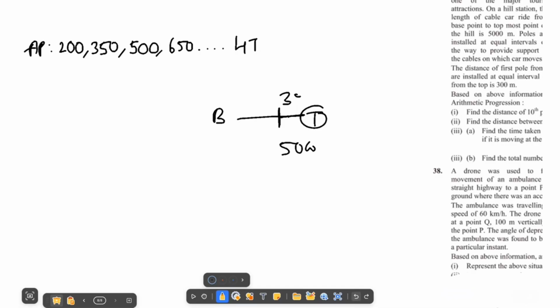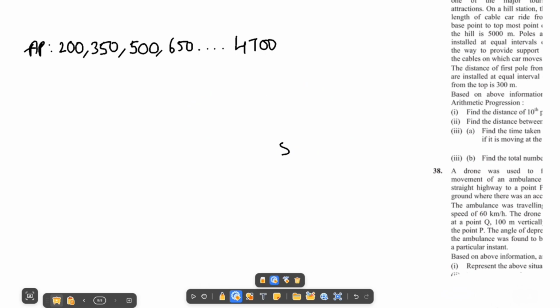So this is the arithmetic progression. Here the first term is 200, and the common difference, the distance between every pole, is 150 meters.